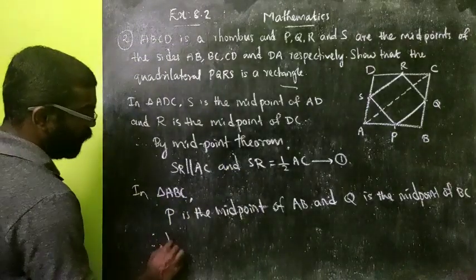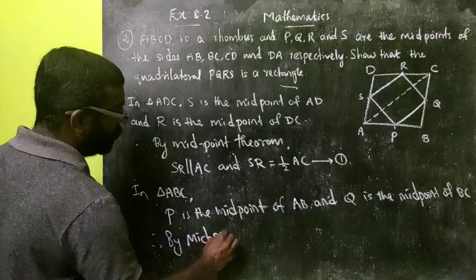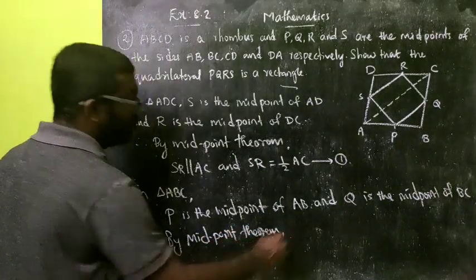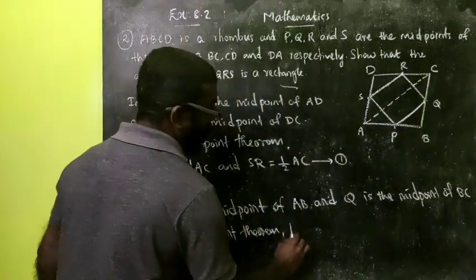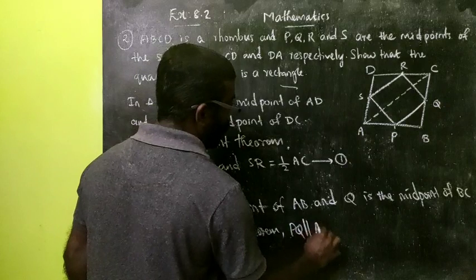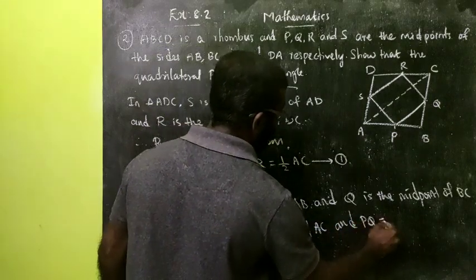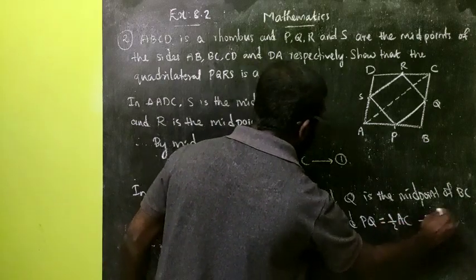Therefore, by midpoint theorem, we can write PQ parallel to AC and PQ equal to half AC. Take it as equation number 2.